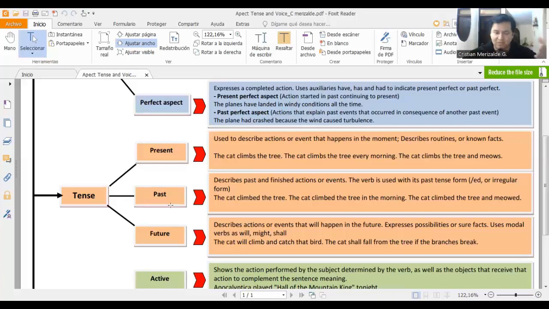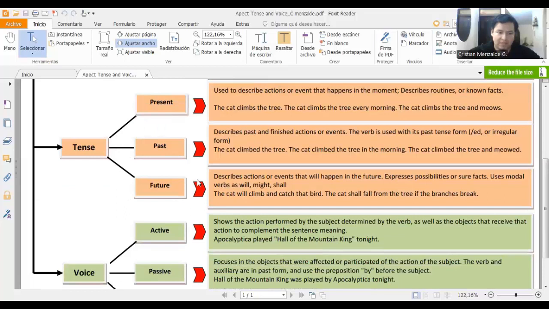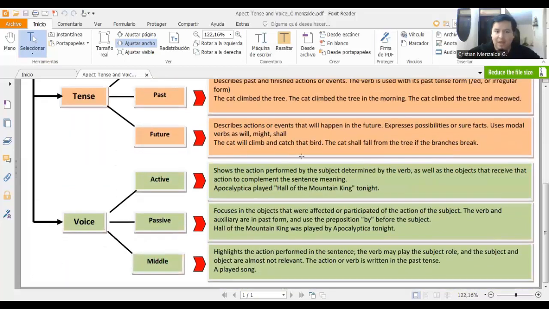Another example, well, it's a little hard. For example, one day we shall die. Something that will happen is a sure fact. Okay. Now we have here the three main types of tenses. And now we are going to analyze the first element, that is the voice.